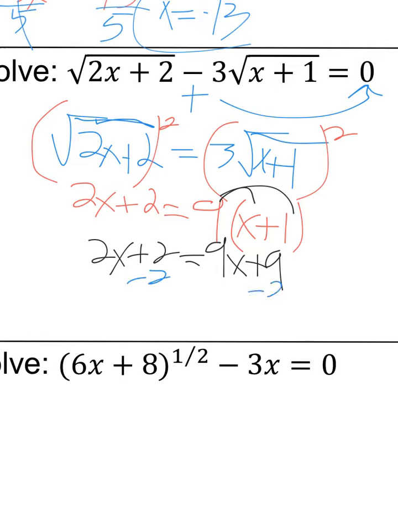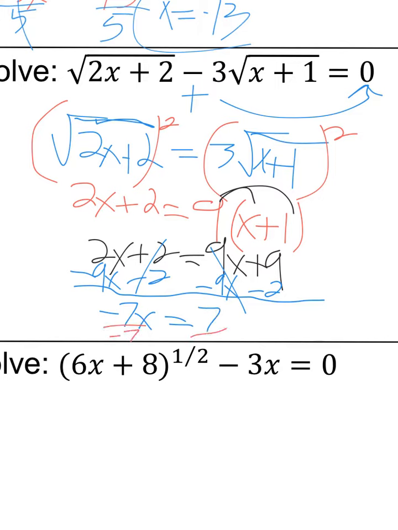I can minus 2 to this side, cancel one thing on the left, cancel one thing on the right, so I'll minus 9x here, minus 9x there. I'm left with negative 7x equals 7. So if you divide by negative 7, well, x is going to equal negative 1.